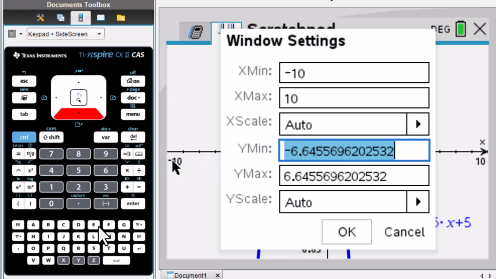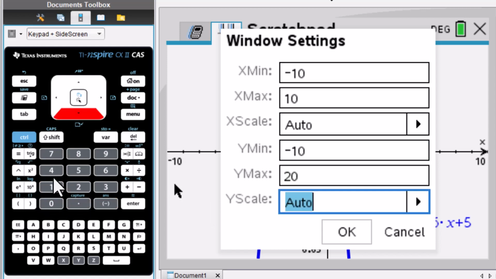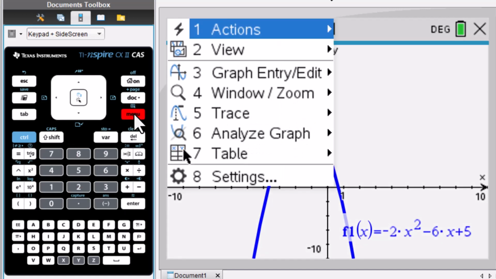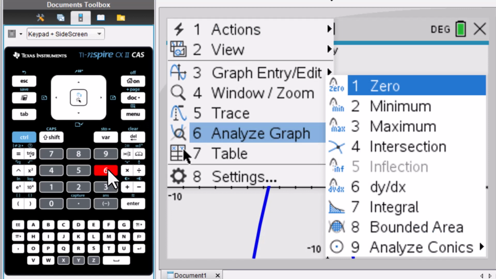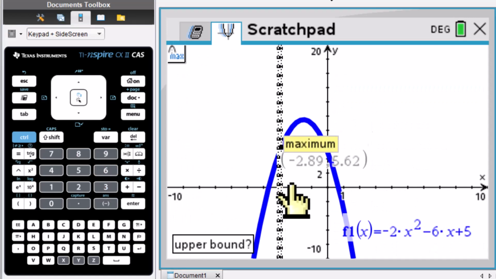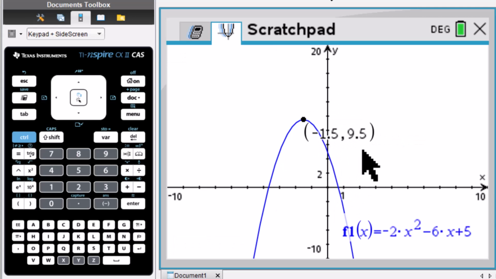Minimum value, let's put -10. Maximum value, let's do 20. Auto is 2, enter. Then we go back to menu again. 6, analyze the graph. We are looking for maximum, so go to 3. -1.5, 9.5 is the vertex.